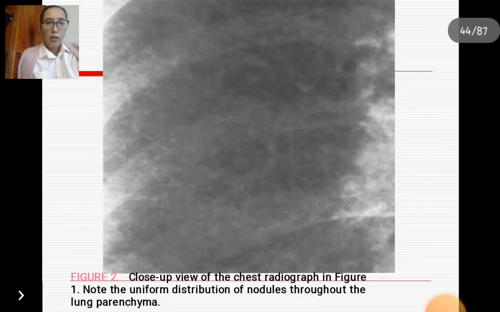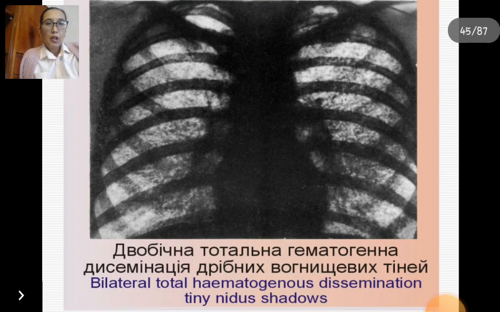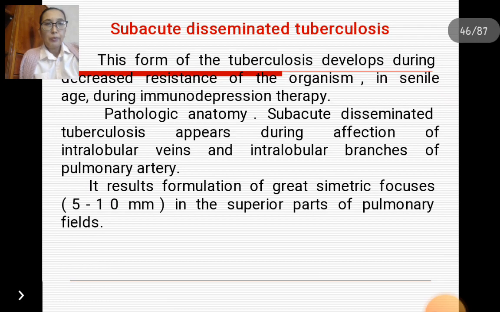You can see a close-up view of the chest radiograph in the figure, note the uniform distribution of needles throughout the lung parenchyma. Bilateral total hematogenous dissemination, tiny nidus shadows. It is also miliary tuberculosis.